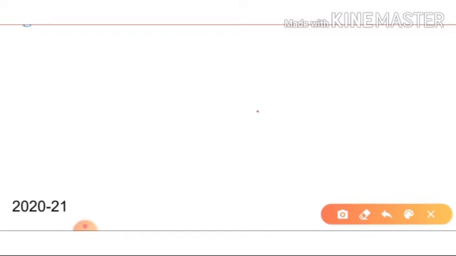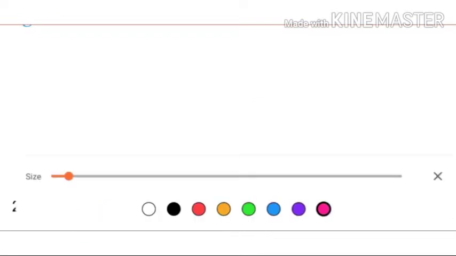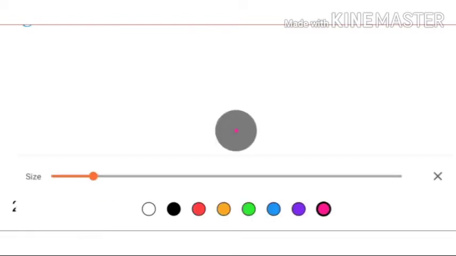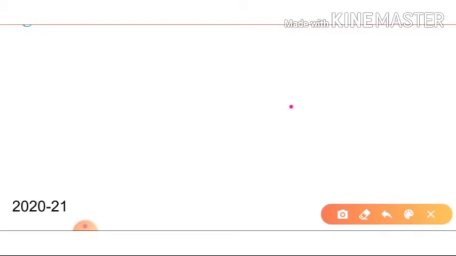If I'm taking a point here which is always fixed, okay, I hope it is visible. This is a point, this is a fixed point, say O.